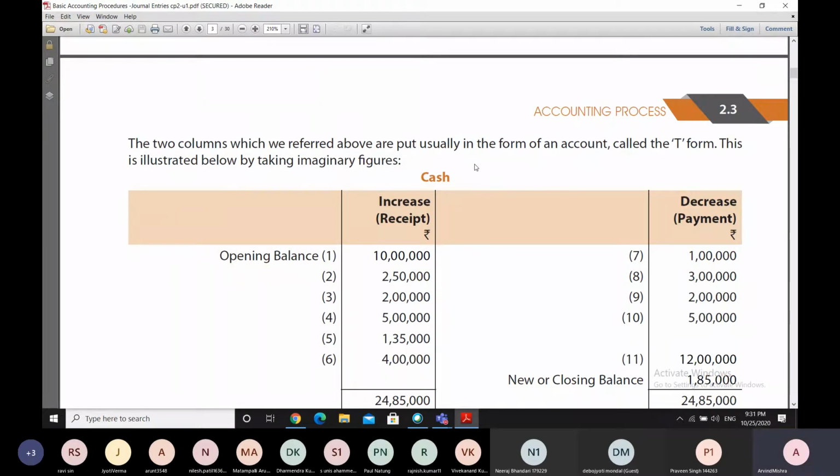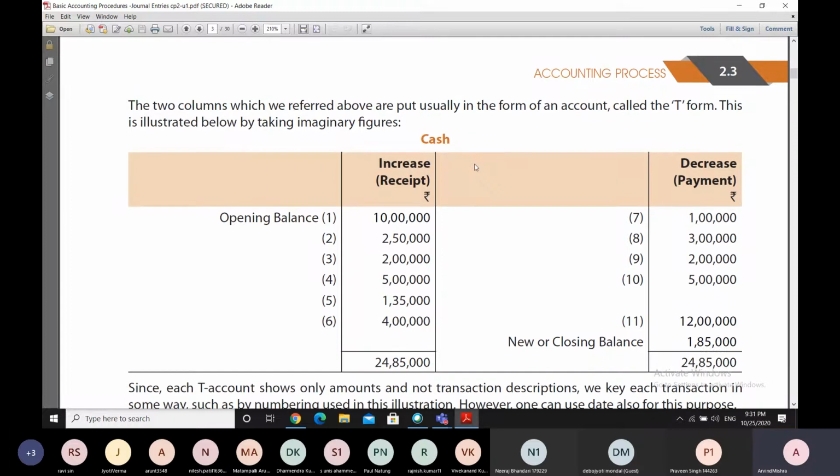As we can see, we can take some imaginary figures here. For example, we have a cash account, let us say. The opening cash balance is 10 lakh rupees. And with every transaction where the cash balance has increased, we have listed it in one column. And on the other hand, where transactions have led to a decrease in the cash balance, we have listed them in the other column on the right hand side, 7, 8, 9, 10, and 11.